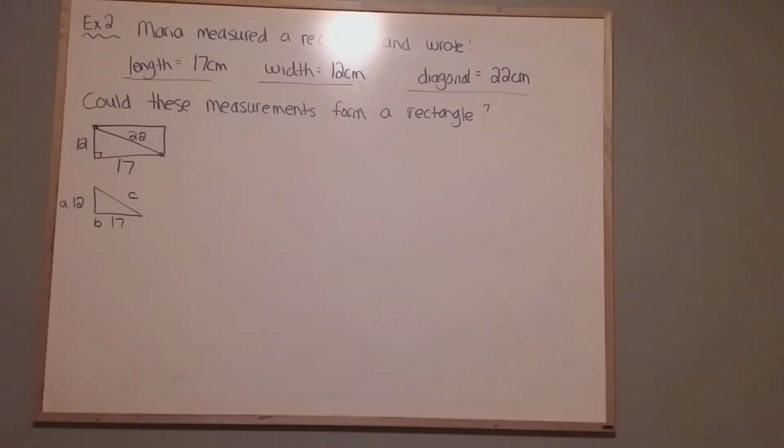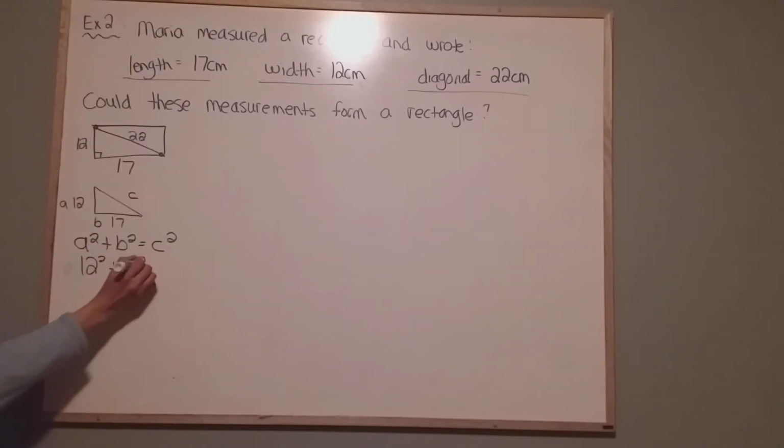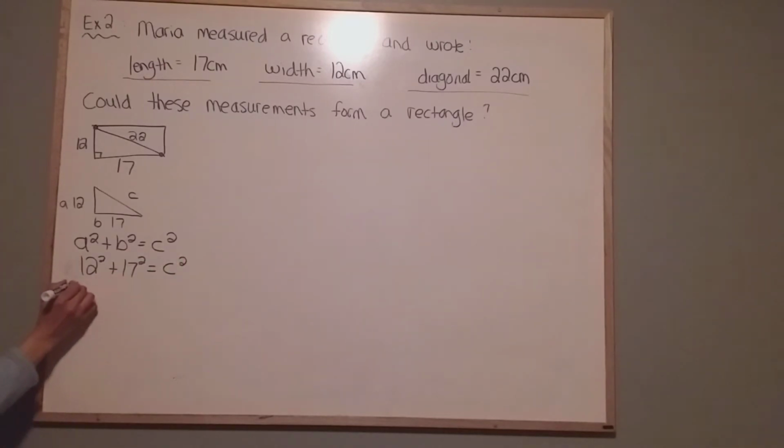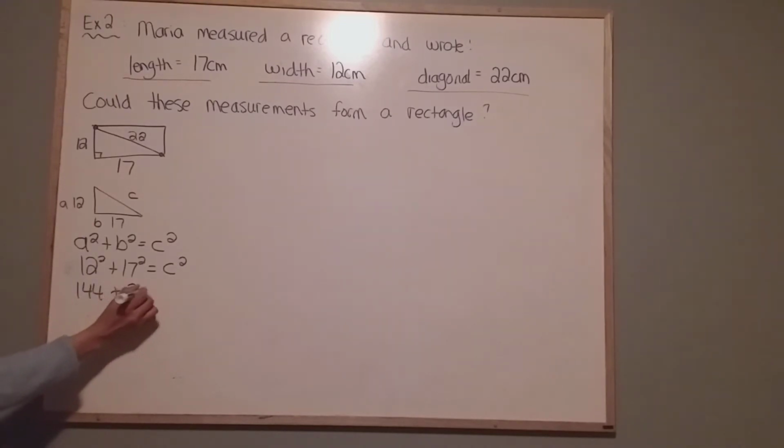That's my first step. So in order to calculate my C, I have to go A squared plus B squared equals C squared. 12 squared plus 17 squared is equal to C squared. 12 squared is 12 times 12, which is 144, plus 17 squared means 17 times 17, which is 289, and that's equal to C squared.